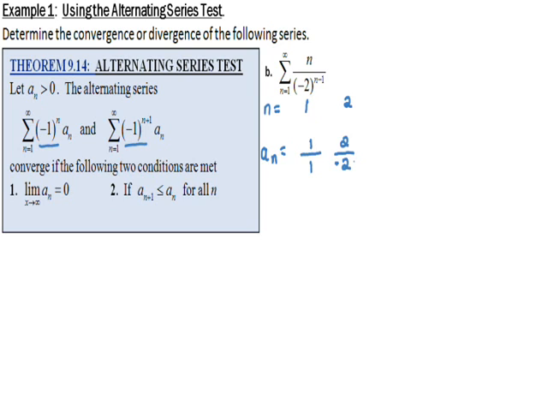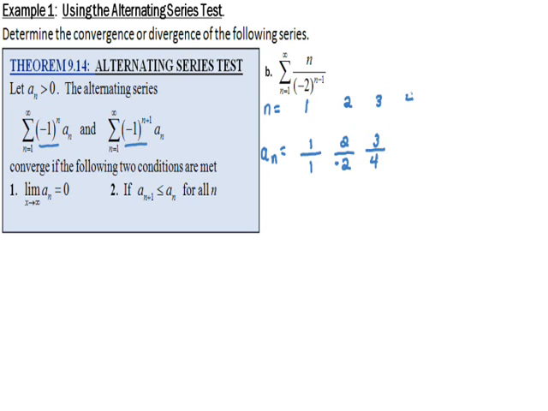You're going to see I'm very reluctant to reduce any of these fractions, because I think it's going to prove my point in just a little bit, and hopefully you're starting to feel a little at ease that this does seem to alternate. At least it's doing so after 2 terms. Continuing on with n being 3, we would have 3 in the numerator, and negative 2 squared would be positive 4 in the denominator.